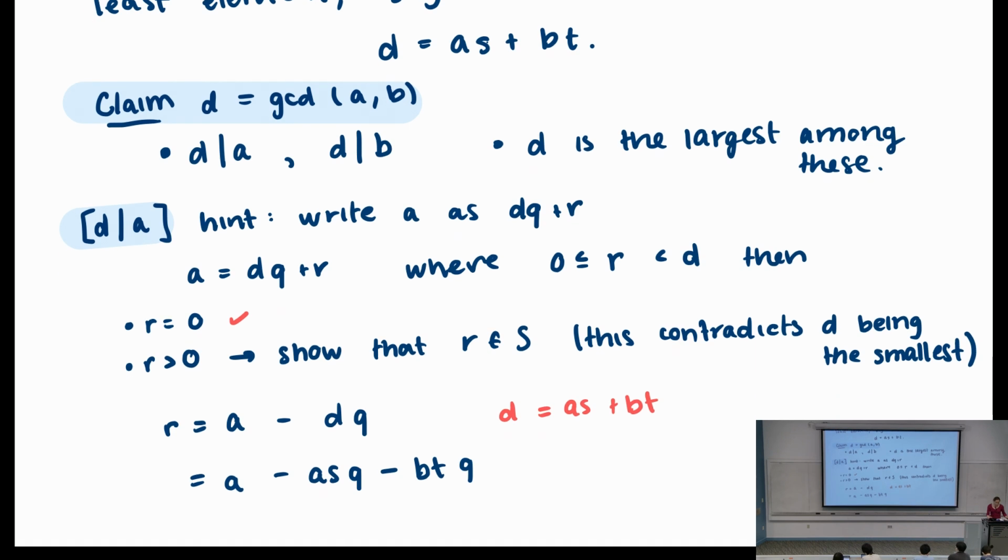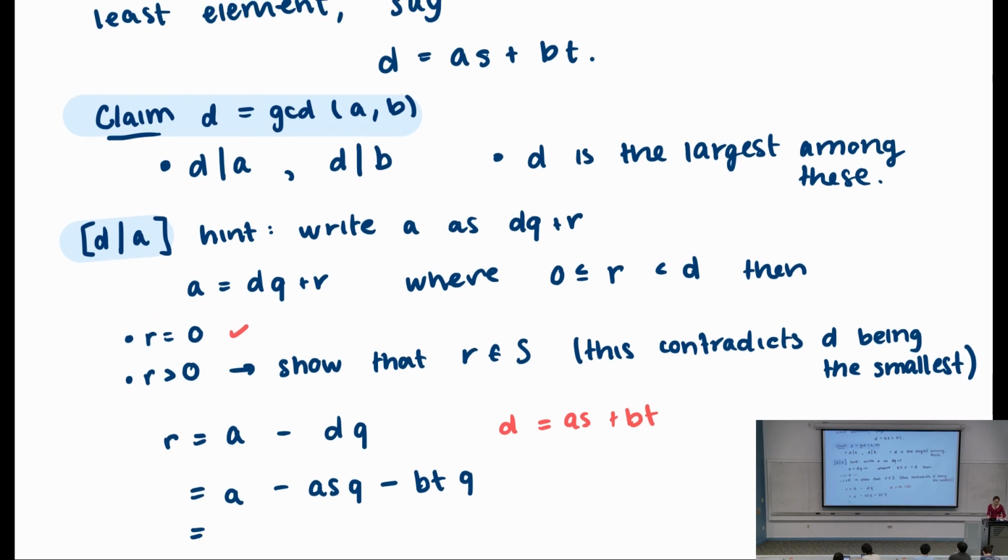And then now we can see that this is a linear combination of a's and b's, right? So this is a times 1 minus sq plus b times negative tq. Hopefully I did that without any errors. Okay, does it look good? So this is an element of S. So that concludes this part of the proof, and so we have that D divides A.